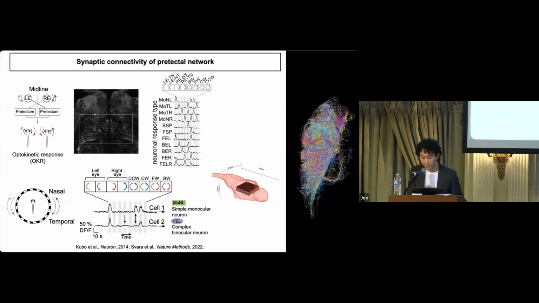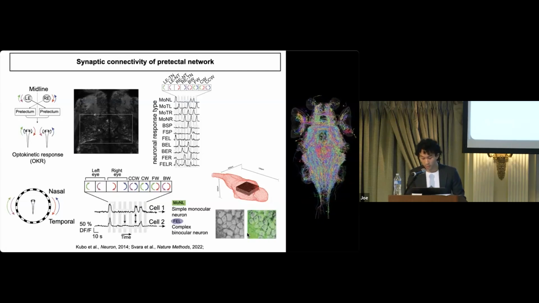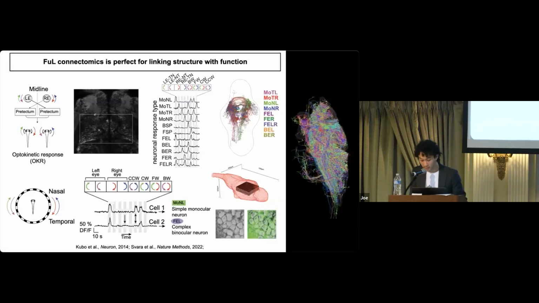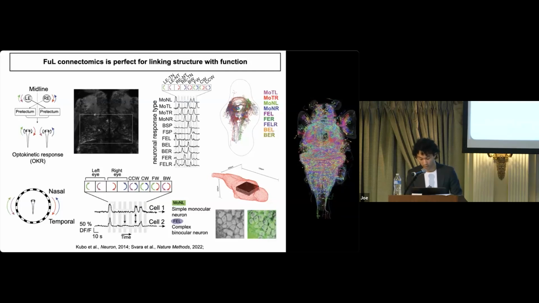And so what's so unique and exciting about this data set, and which also served as a motivation for our project, is that they integrated the measured neuronal responses, shown here in green, with the EM dataset shown in gray, and identified reconstructions of the 207 cells belonging to these 11 major response types. So together we'll call this dataset function-linked connectomics, or full connectomics, and it provides a unique opportunity for us to link synaptic connectivity with the functional activity.